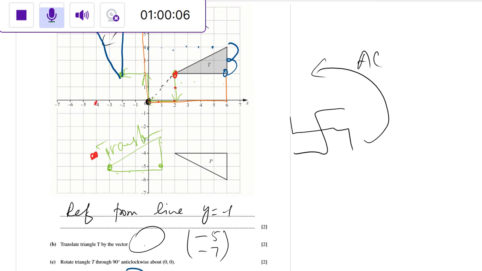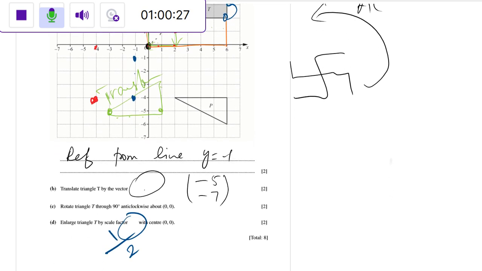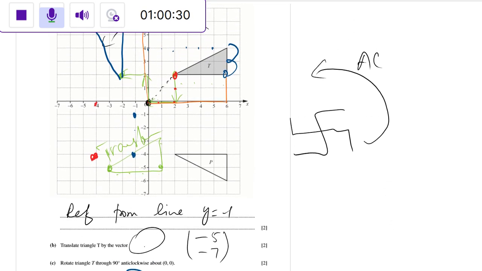So 2, 2, 1, 1 and 6, 6, 2, 3, 1. 1, 2, 3. Enlarging from 0, comma 0, 3, 1.